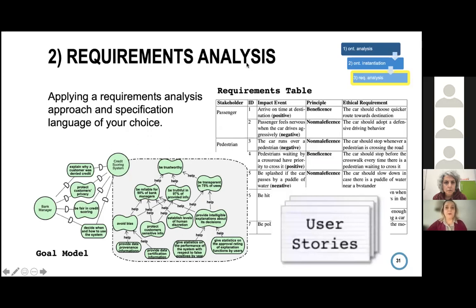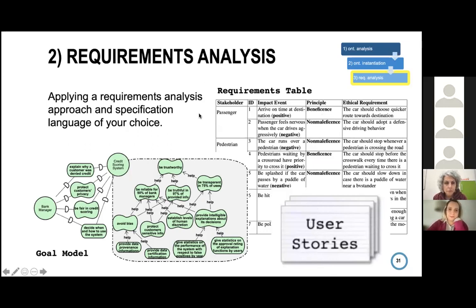And then for the requirements analysis part, as I was mentioning before, talking to João, we can actually choose goal modeling. You can define a requirements table, or we can define user stories, all having the ontology and the instances as guidance.